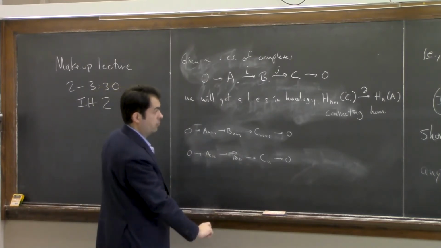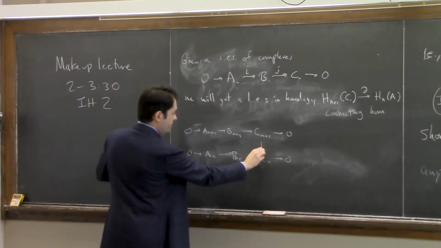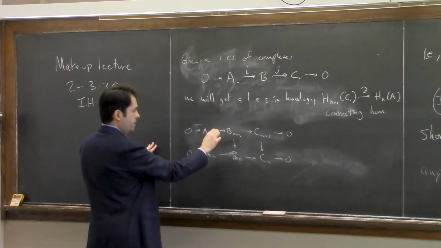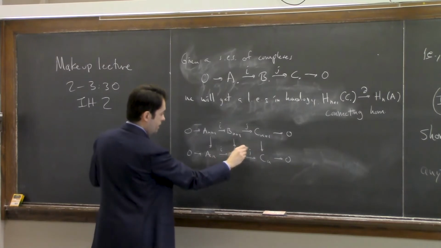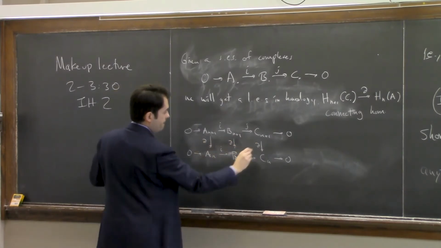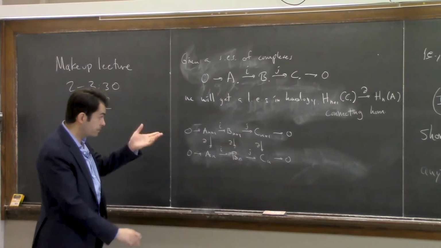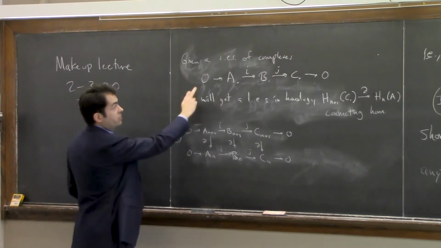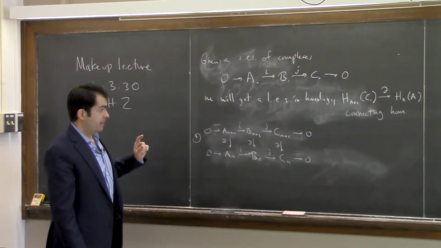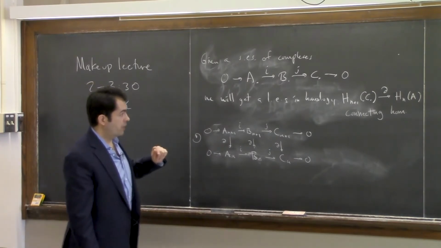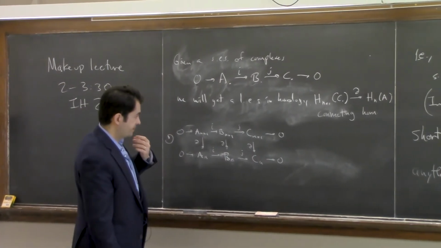Maybe I'll draw more later. We have here I and J, and here's the boundary map. And this diagram commutes. That's what it means to have a map of chain complexes. So how are we going to define this?